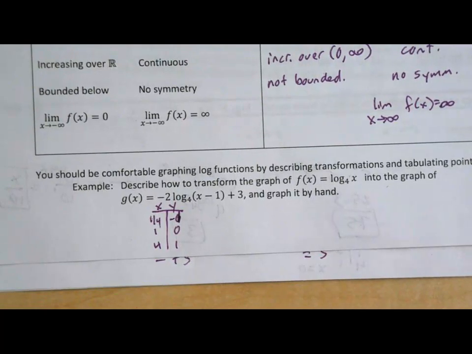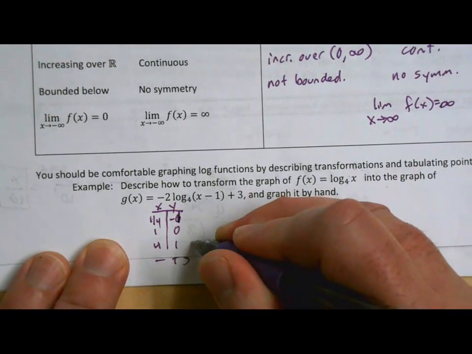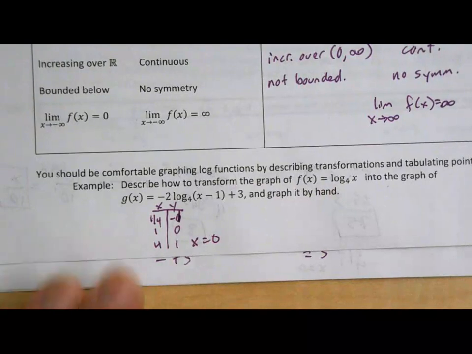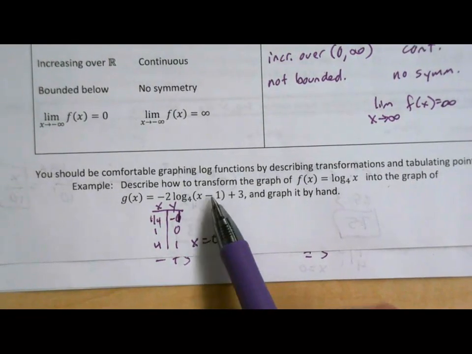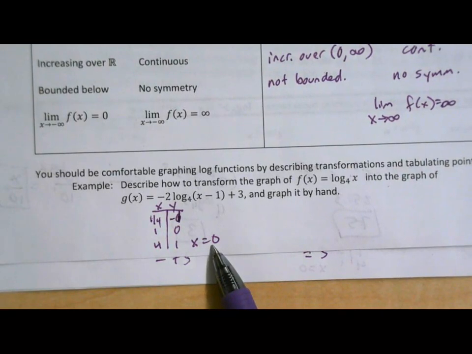Oh, and you'd want to graph also the vertical asymptote x equals 0. You'd want to tabulate that as well, because that's going to end up shifting. When we shift to the right by 1, this is going to shift that to the right by 1 also. It'll become x equals 1. All right. Not going over it, but totally fair game for a test.